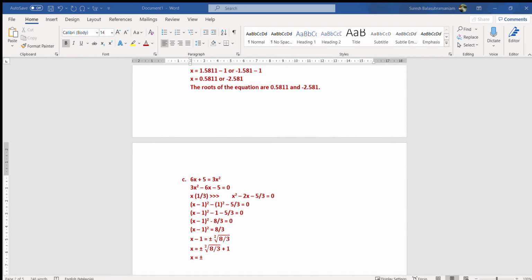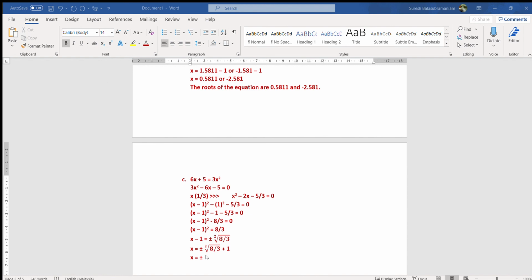We'll use the calculator again. 8 divided by 3, square root, you get 1.6329. I need to round it up, so I get 1.6330.